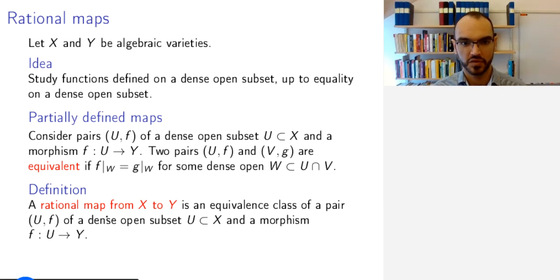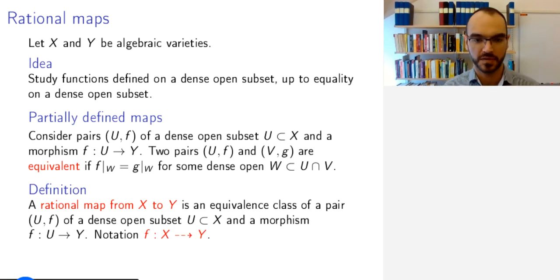So if you don't like to view these rational maps as equivalence classes, just think of them as maps defined on a dense open subset, but with a more lax notion of equality, where two maps are seen as equal if they agree on a dense open set. And in fact, the fact that this relation is transitive is due to the fact that if you intersect finitely many dense open subsets, you still have a dense open subset. So you are fine.